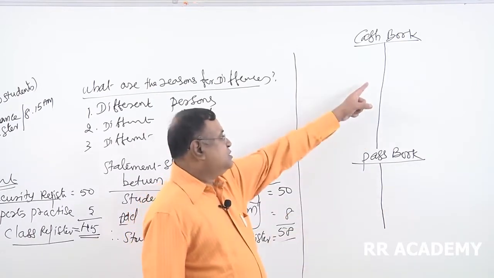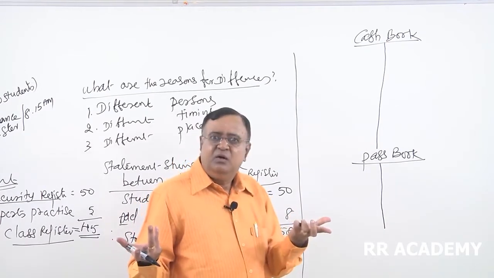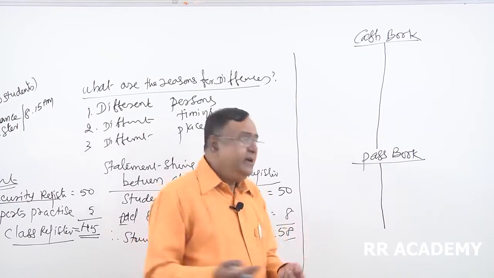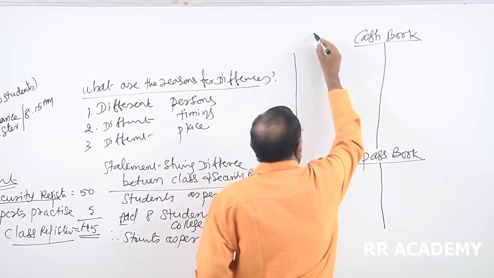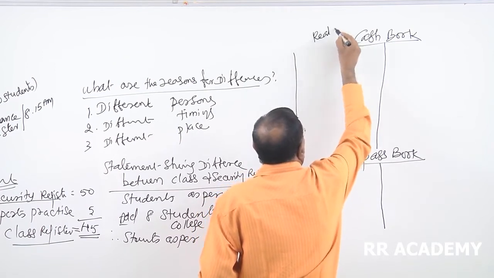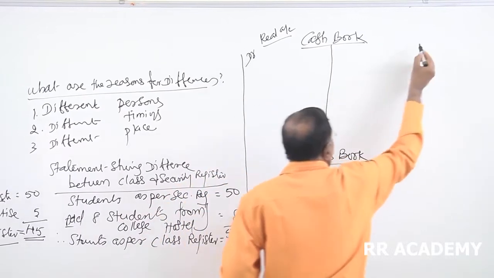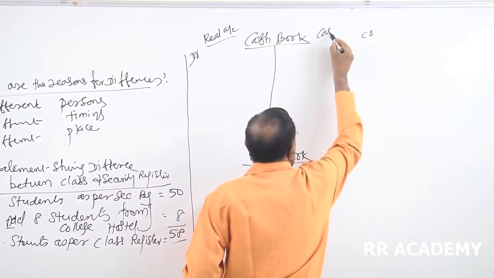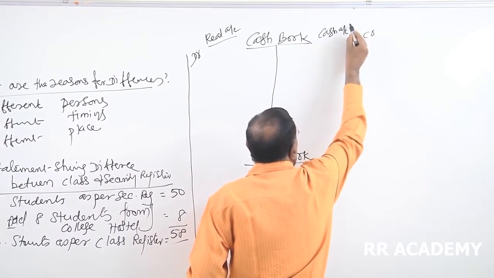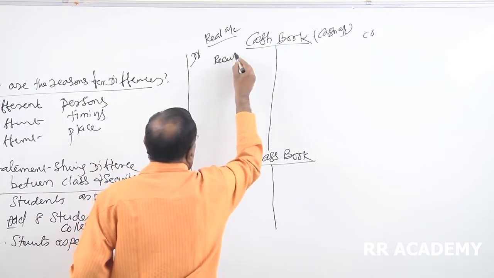Now, cash book and passbook are both the same. What, sir? Why are you telling both are the same? Cash book, yes. Cash book is a real account. This is an account, friends. Cash book is the cash account, a real account.